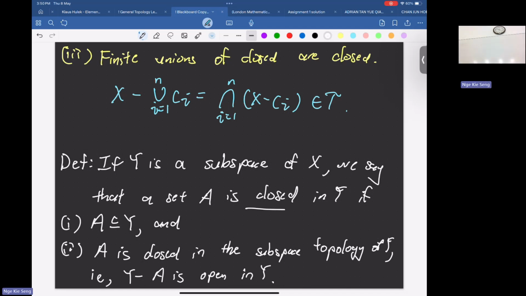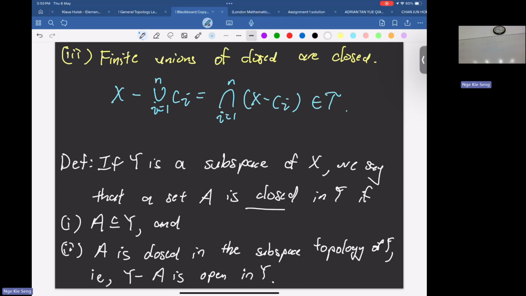I want you to note some terminology here. When we say open in Y, this is as a subspace topology. We never say that Y minus A is an open subset of Y. We don't use this notation. I'm not sure if any book uses that, but maybe some lecturer here will use it, so I want you to distinguish it and be careful when people talk about it.